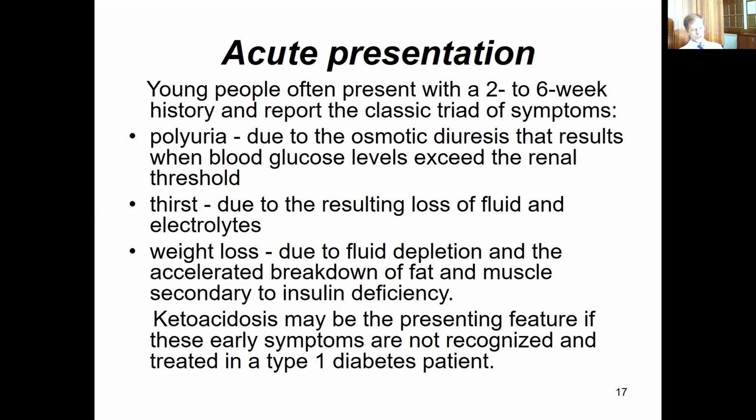In patients with diabetes, we have a lot of sugar in blood, but this sugar can't enter cells. And in this case, cells experience starvation. They need energy. They need to eat something, but they can't eat glucose, because without insulin, glucose can't enter the cells.